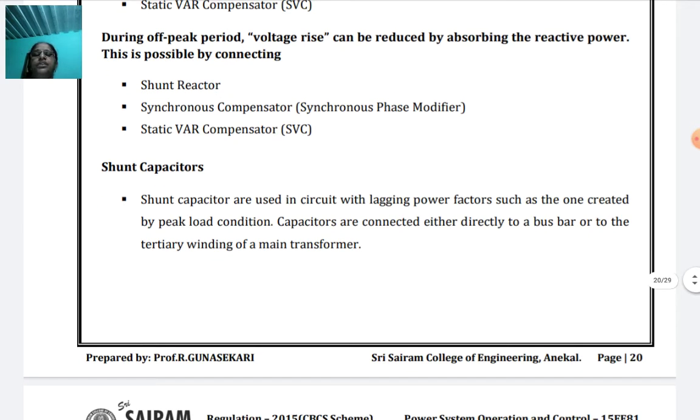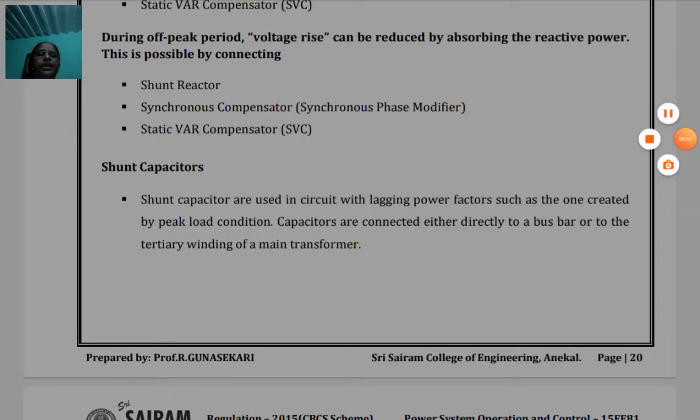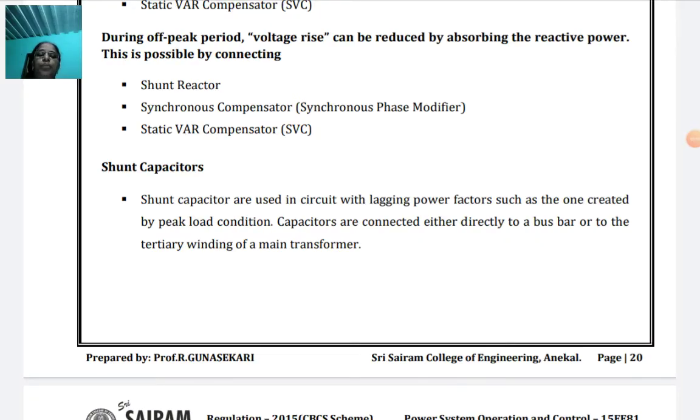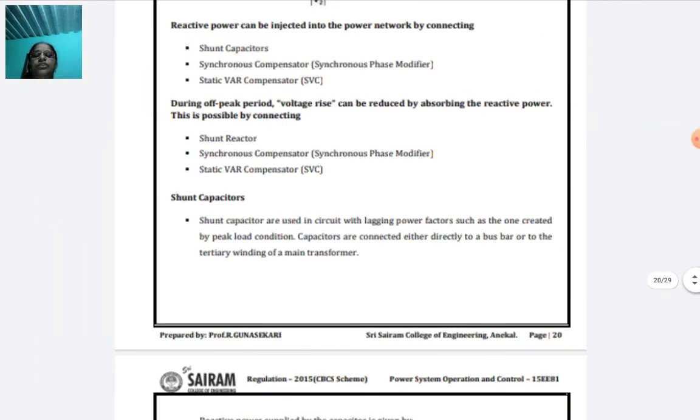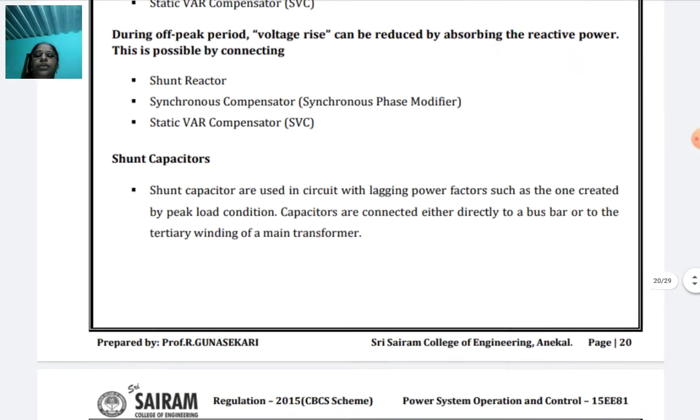Shunt capacitors are used in circuits with lagging power factor, such as those created by peak load conditions. The capacitors are connected directly to the bus bar or to the tertiary winding of the main transformer, that is the third winding of the transformer.